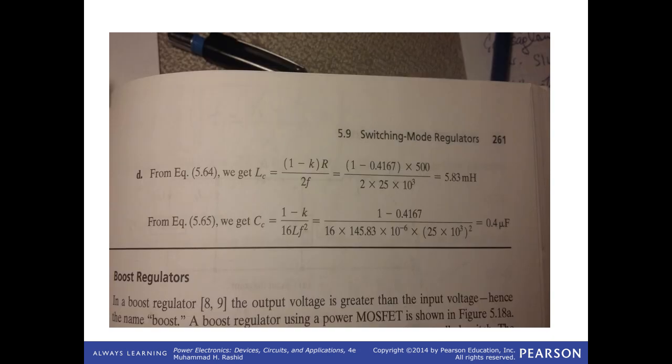Bir de şunu kontrol edeyim bakayım ya. Yanlış yaptım. Baştan.